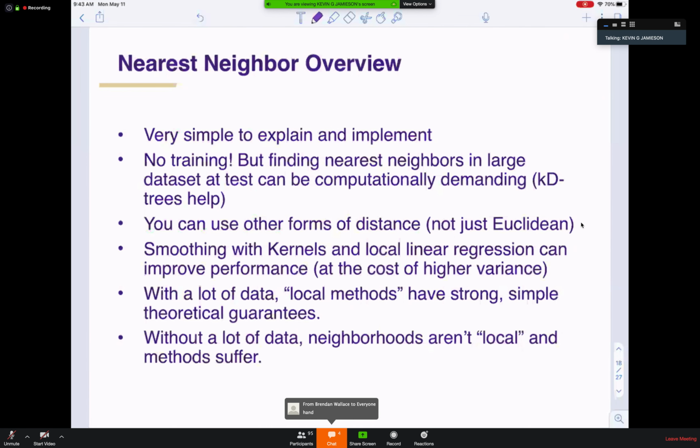Okay, so just to summarize nearest neighbor real quick: they're super simple, very easy to explain, intuitive, easy to implement, a little computationally intensive, but you can use smart data structures to help with that. You can use very general kinds of distance functions and similarity functions. It doesn't even need to have any properties, just write down whatever, you know, ice cream is similar to dog in some way.